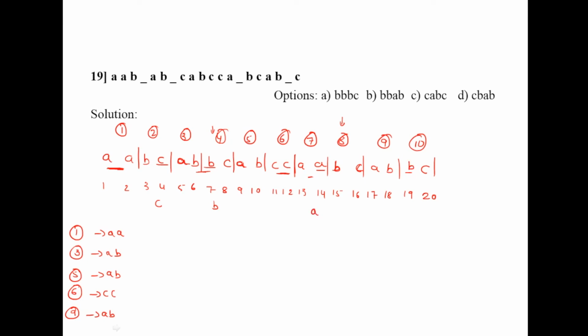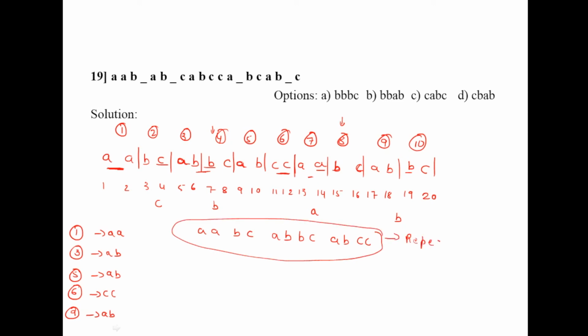So it is A, it is B. So the sequential order is AA, BC, AB, BC, AB, CC, and this cycle again sequentially repeats, right? So the answer is D, option D.